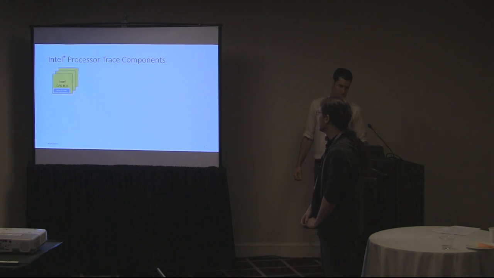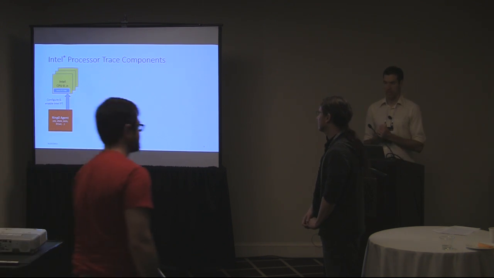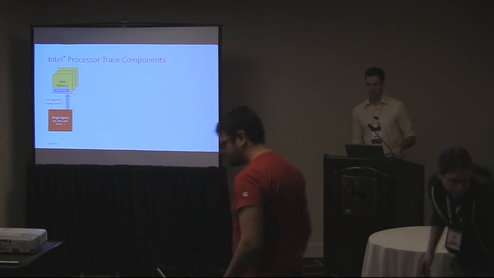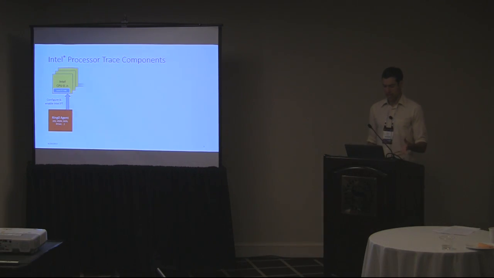Okay, components here. Obviously, you start with your Intel CPU that has the PT hardware. Then some Ring 0 agent software that can write MSRs will configure and enable Processor Trace. Once enabled, the CPU is going to write out the PT packet log to memory, or as we mentioned, to a debug port, where it can be collected by a decoder.